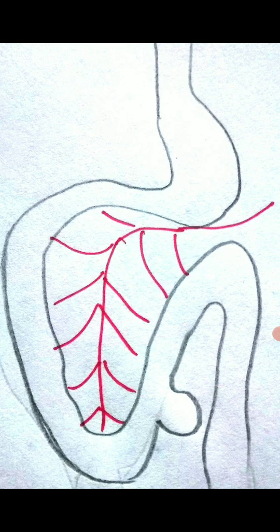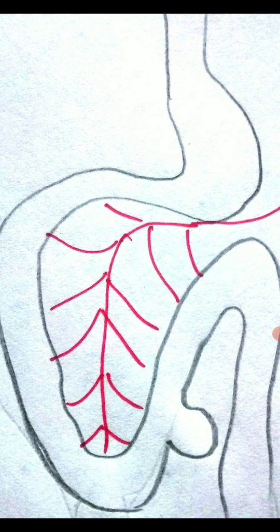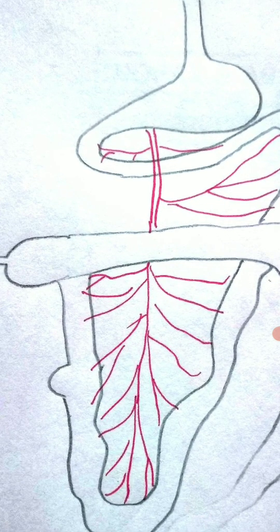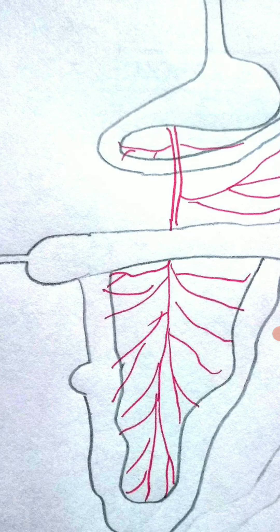If instead of 180-degree rotation only 90-degree rotation takes place, then the cecum and appendix will be located in the umbilical region. If the 180-degree rotation is proper but the cecal bud doesn't descend downwards, then the cecum and appendix will be found in the subhepatic region; we call it subhepatic cecum or subhepatic appendix.